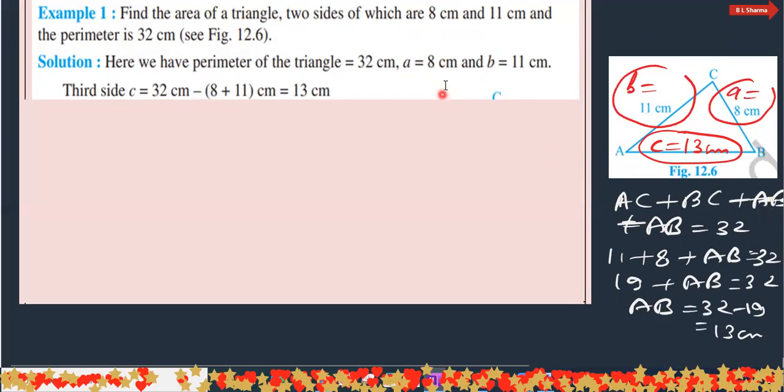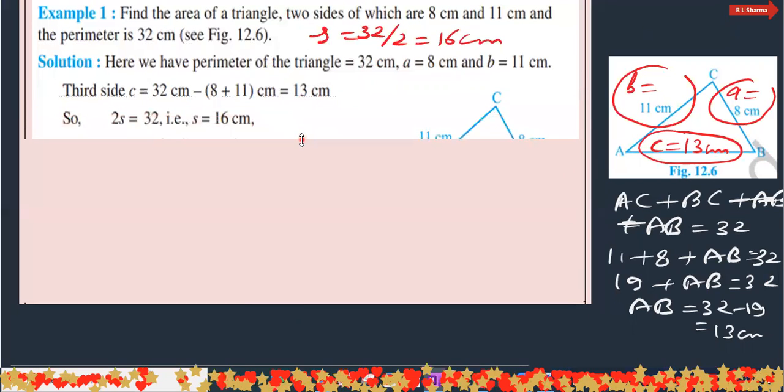तो देखिए हमारे पास तीनों साइड A, B और C हैं. And now we need S, small s. Small s means semi-perimeter, means half of the perimeter, means perimeter का आधा. The perimeter is given here, 32 centimeter. So the value of S will be half of the perimeter, 32 by 2, that is 16 सेंटीमीटर. पेरीमीटर के हाफ को ही हम सेमी पेरीमीटर कहते हैं और हीरोज फॉर्मूला में इसको s से रिप्रेजेंट हम करते हैं.